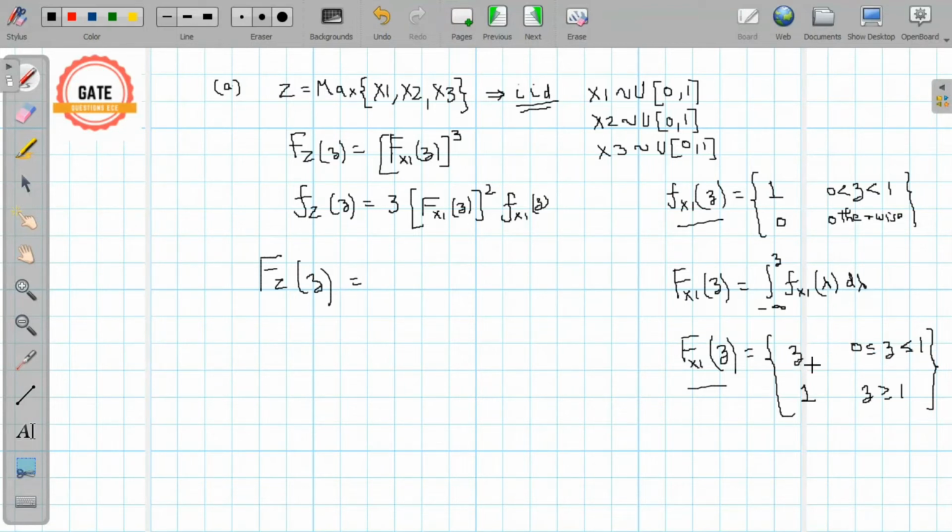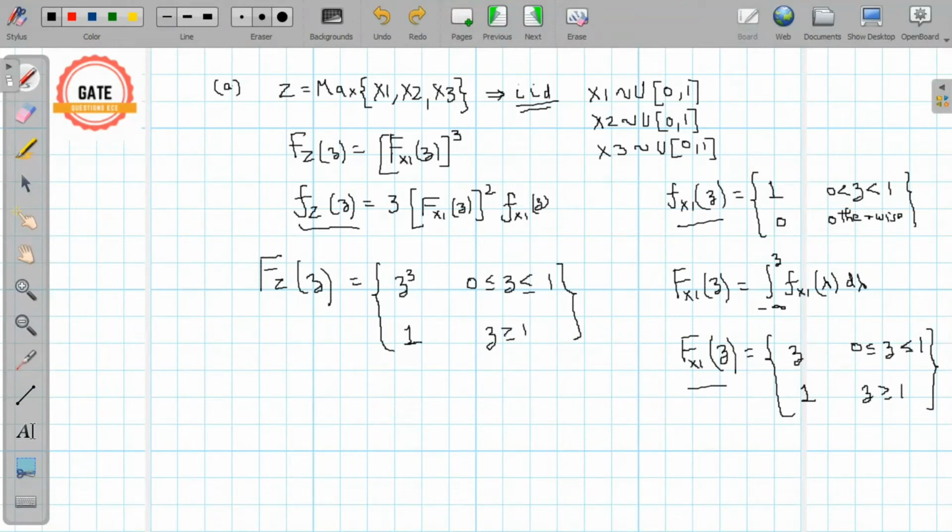In this range we cube this, so it will be z cube for range 0 to 1, and for z greater than or equal to 1 it will be 1, and for all other values of z it will be 0.